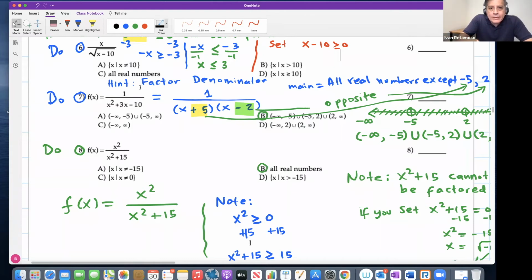All right, for number 6, let's see. Hint, look at this part, right? You have to think about this. It cannot be 10 because if it's 10, 0 on the denominator is not good for this fraction, right? So that's the kind of trick there.